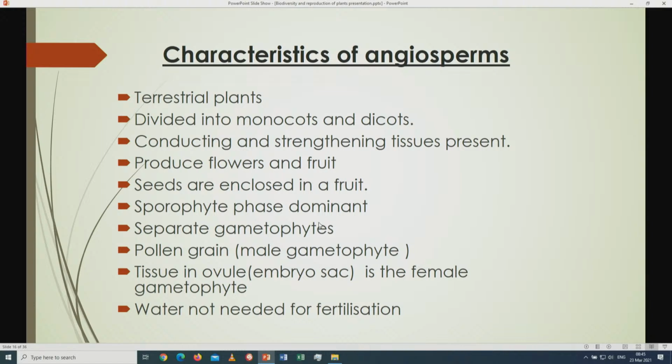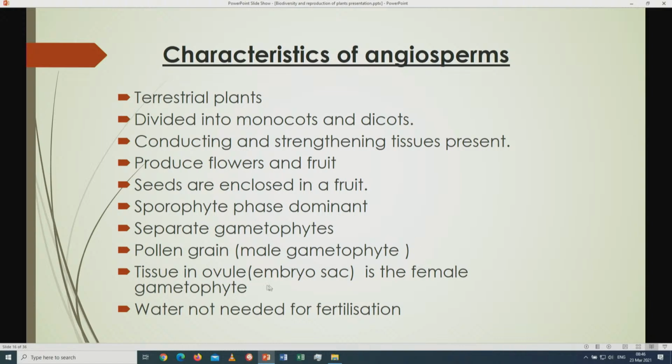As I've just said, they are divided into monocots and dicots. Plants are terrestrial. They have conducting and strengthening tissues. Seeds are enclosed in a fruit. The sporophyte generation is dominant. It has separate gametophytes. The pollen grain becomes the male gametophyte.